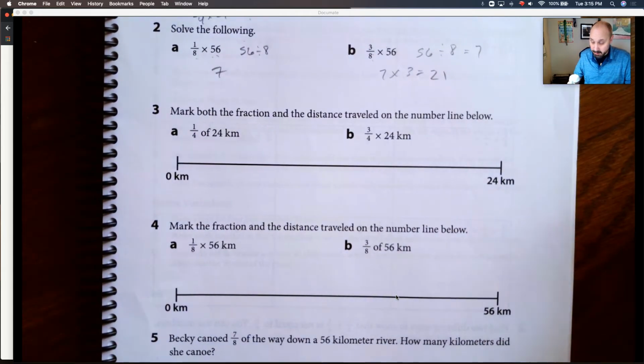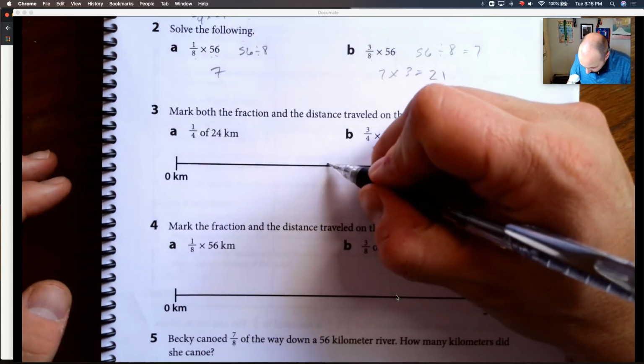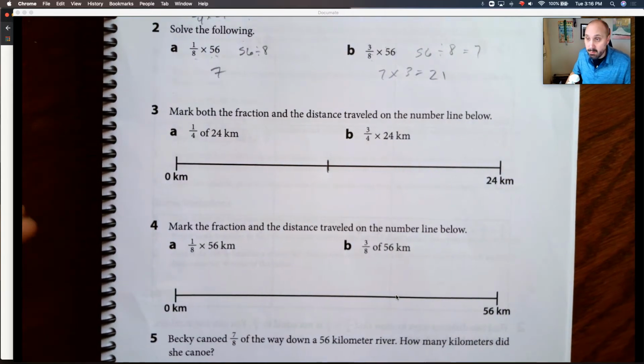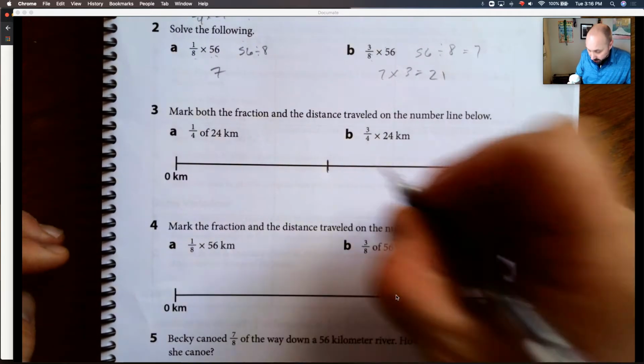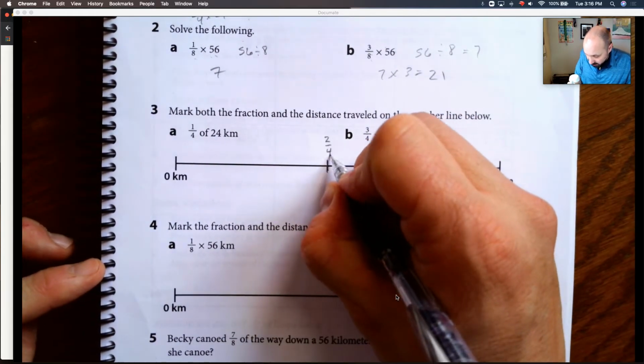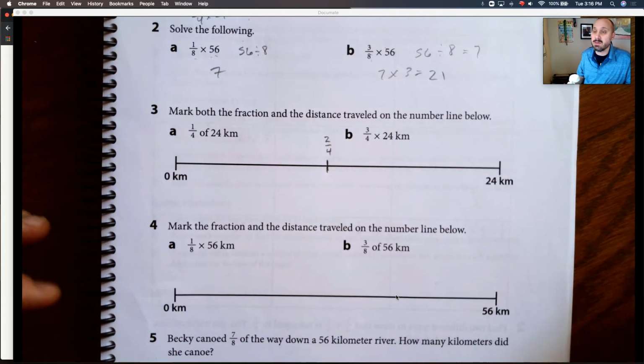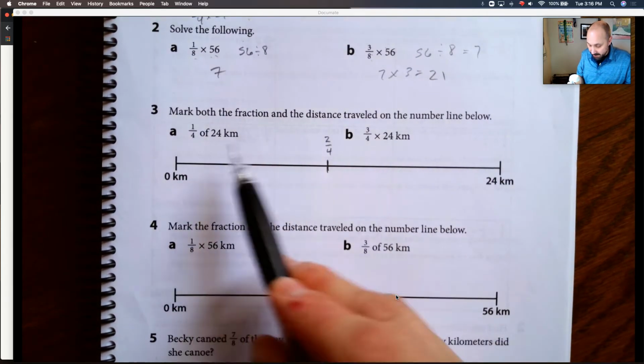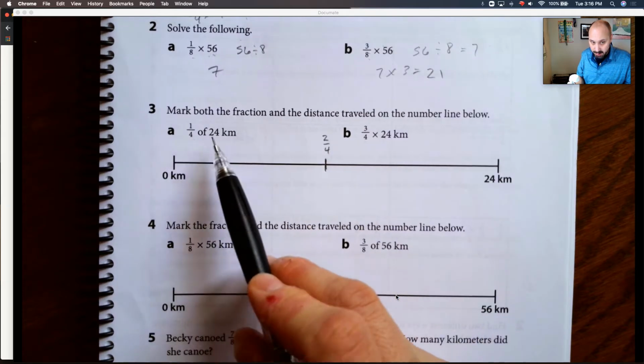So I'm just going to eyeball this, okay? So I'm going to use my benchmark fraction. I'm going to look about the halfway point. I'm going to say it's right about there. So please make a mark at the halfway point. And we're going to call this 2/4, because 2/4 is equivalent to 1/2, right? And then half of 2/4 is 1/4.